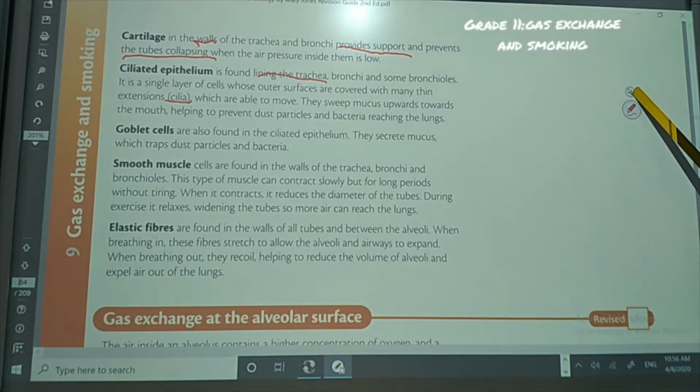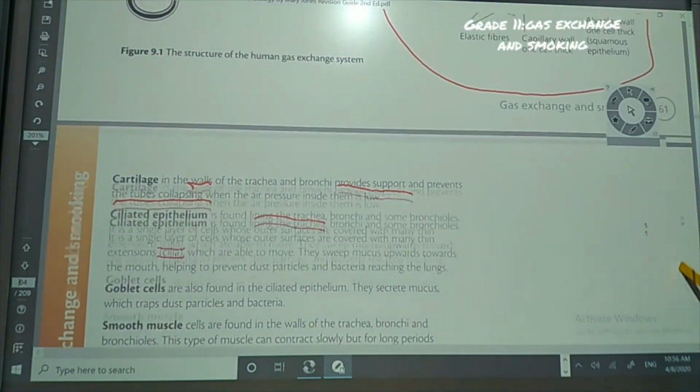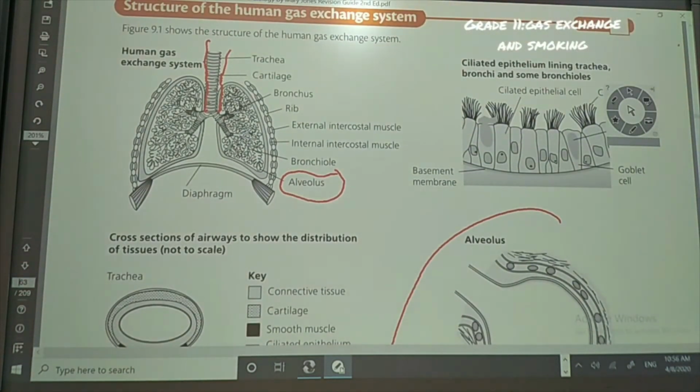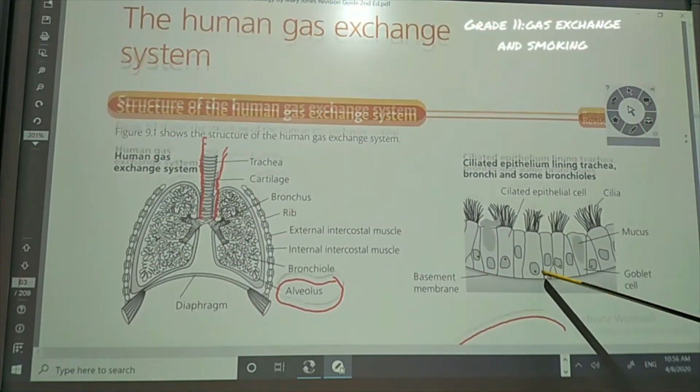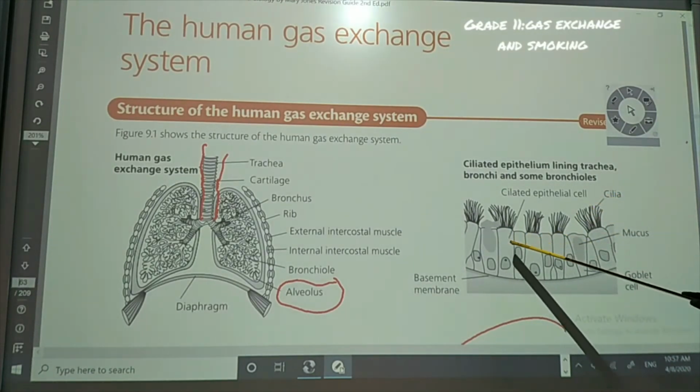So, let's go back to this diagram. Look at this diagram. This is ciliated epithelium. This is the cilia. Okay? This is the cell.